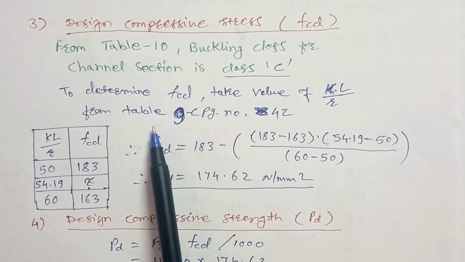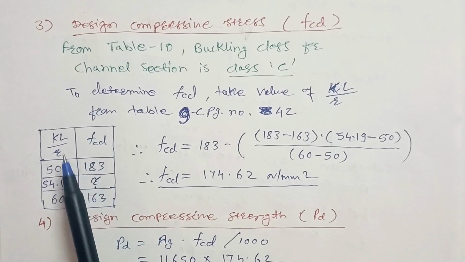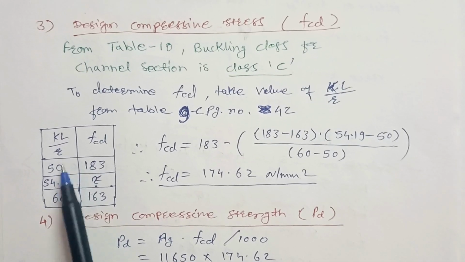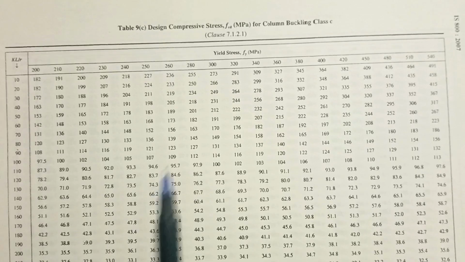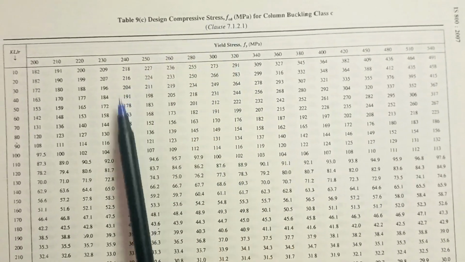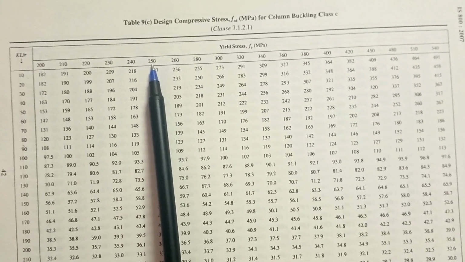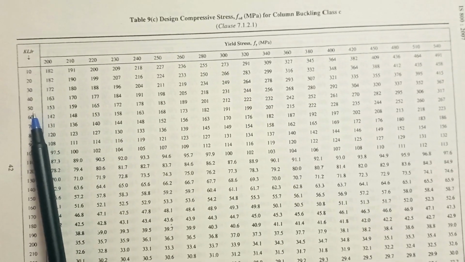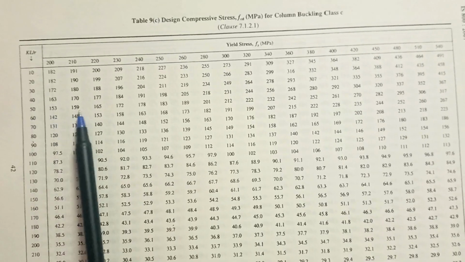From table number 9C, we can write down like this: our KL upon R value 54 is between 50 and 60. In table 9C, you can see the FCD values. We are given yield stress 250, and KL by R ratio we calculated as 54, so it is between 50 and 60.